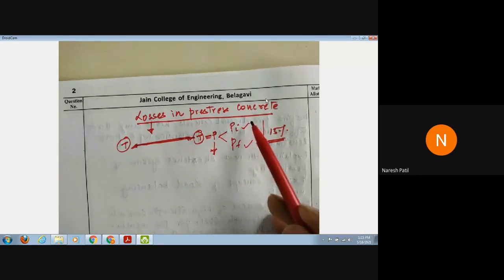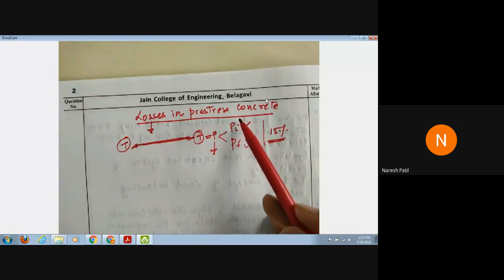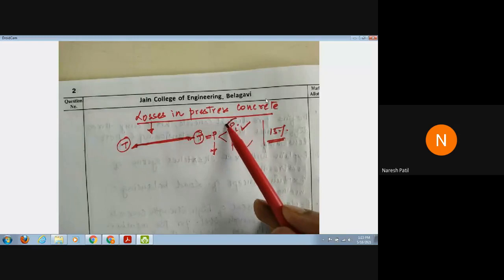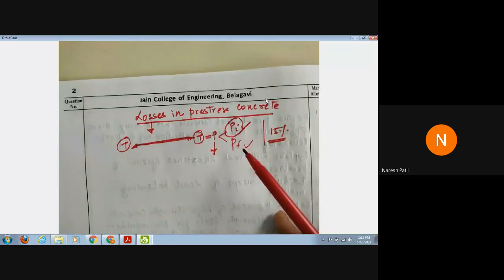So that's why, as I told you, we calculated the stresses in the previous sessions with respect to initial pre-stress and final pre-stress. तो ये क्या है difference? Initial और final क्या है? The force applied during the construction was initial.